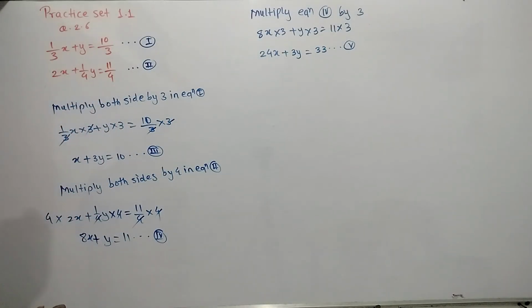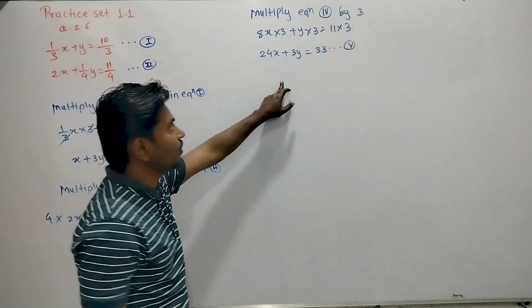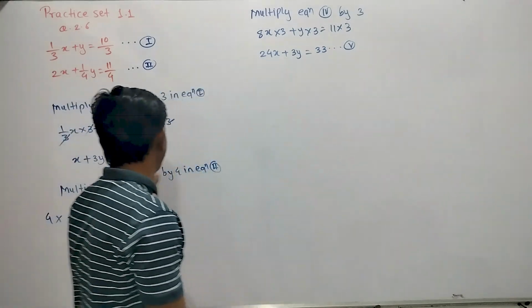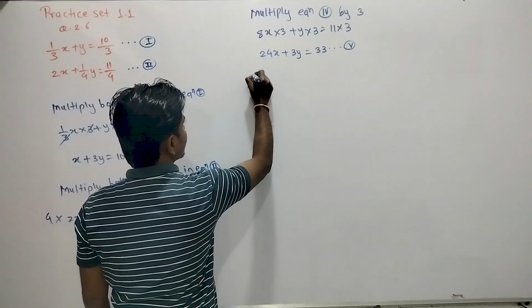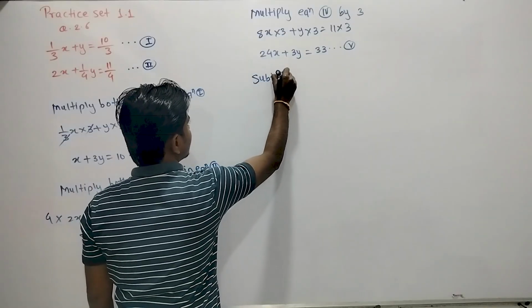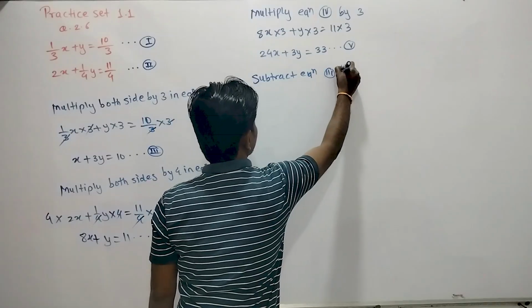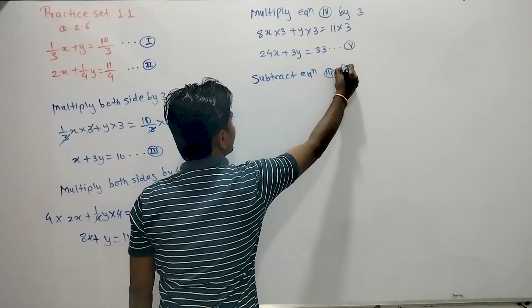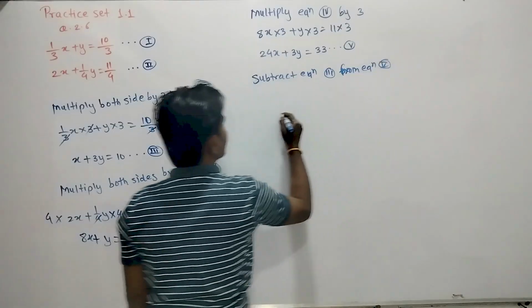So in our next step we are going to subtract equation 3 from equation 5 because here 33 is bigger than 10, so it will get easy. Subtract equation 3 from equation 5.